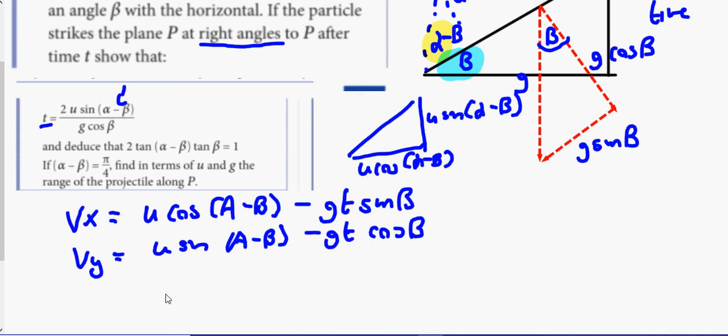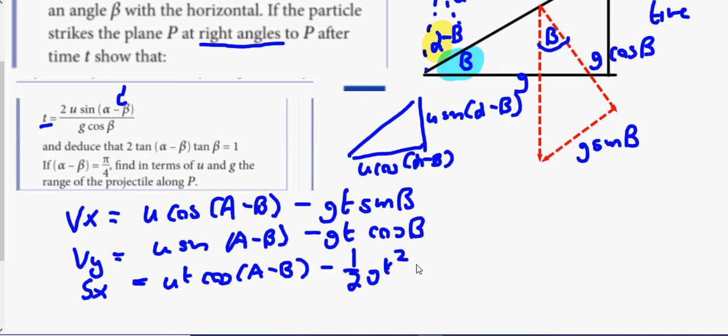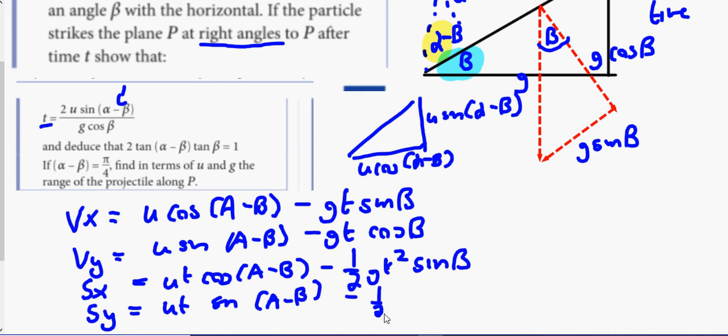Then Sx is ut cos(alpha minus beta) minus a half g t squared sine beta. And finally, Sy equals ut sine(alpha minus beta) minus a half g t squared cos beta.